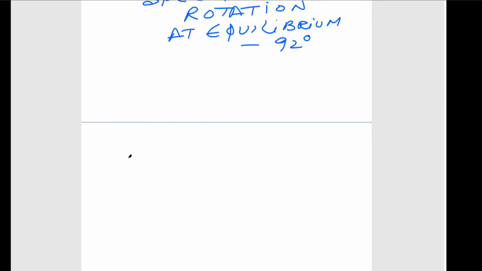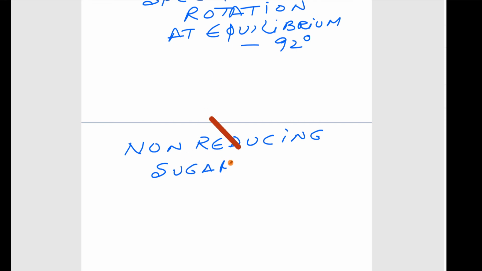Will all the sugars show mutarotation? No. Non-reducing sugars like sucrose, they do not show the mutarotation. So there is no free aldehyde or keto group. Okay, they do not show the mutarotation.